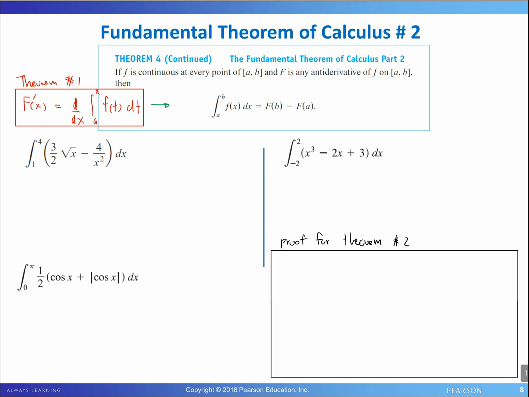So I'm going to start with the relationship in theorem number 1. This one, big F of x prime, the derivative of the antiderivative, equal to d by dx of this integral from a to x, f of t, dt. The next thing I'm going to do is take out the derivatives on both sides.